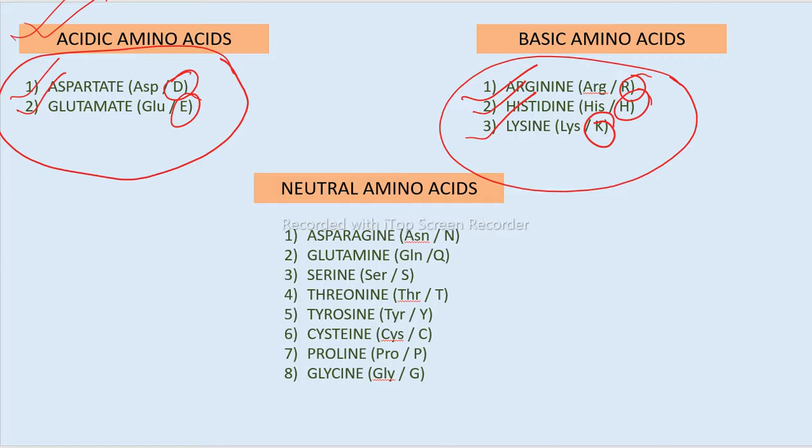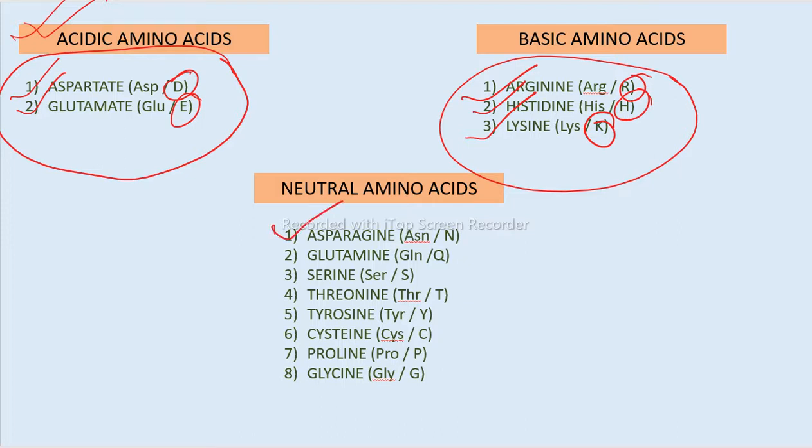In neutral amino acids, there are no particular charges on their side chains because the acidic group and basic group neutralize each other, so they are under the category of neutral amino acids. Here there are eight names under neutral amino acids.